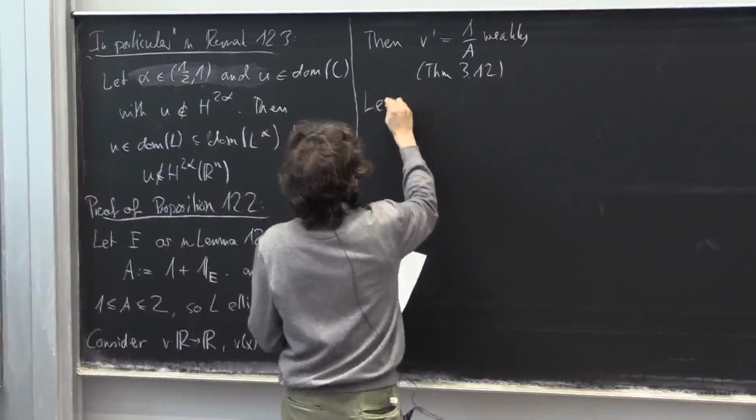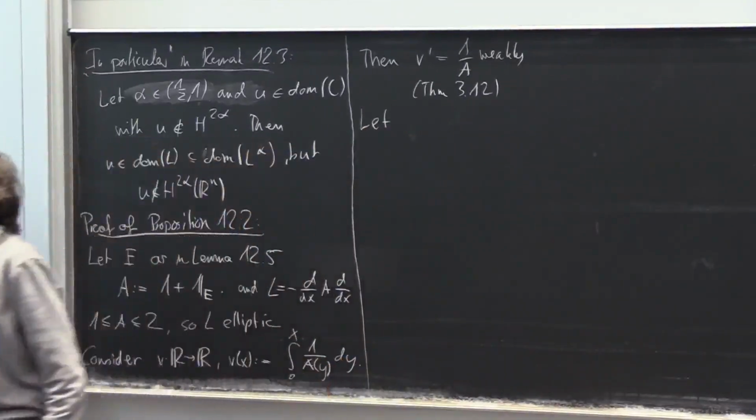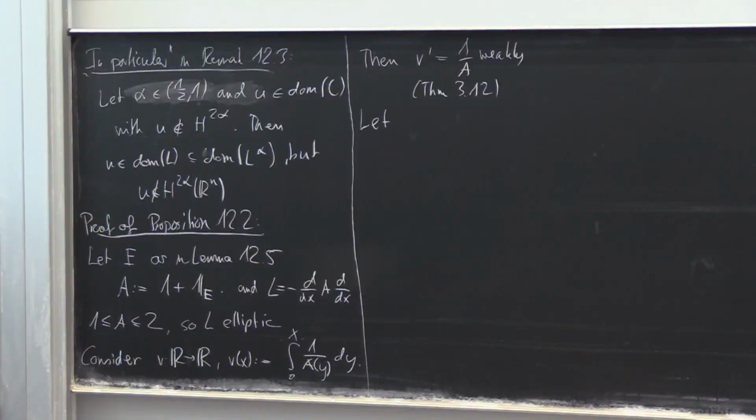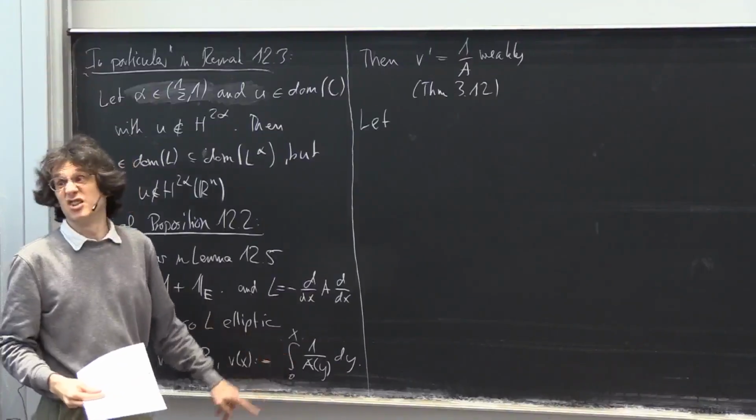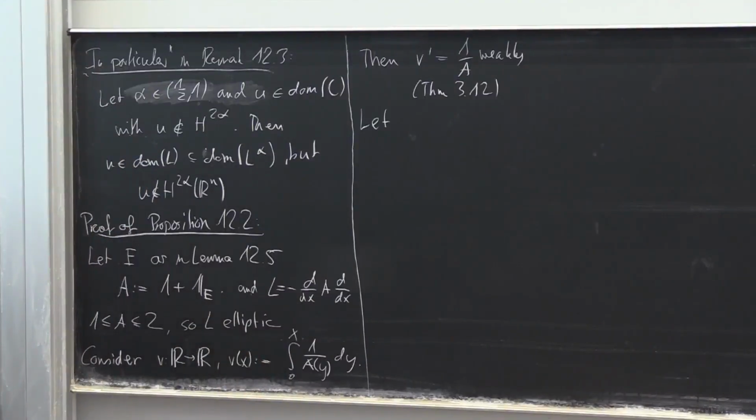The problem is that this function v is not really a nice Sobolev function because it has no decay at infinity. It's an integral over something between 1/2 and 1, so this gets large. But we are not interested in what happens for x equals minus 250 or plus 2 million. We're interested in what happens between 0 and 1, because between 0 and 1 our operator is nasty. Outside it's just the Laplace operator. So this is an artificial problem.